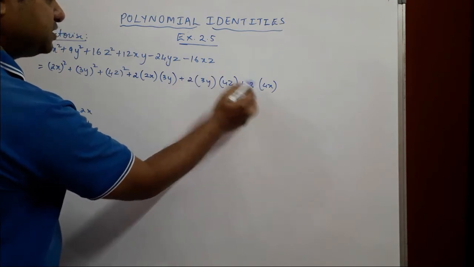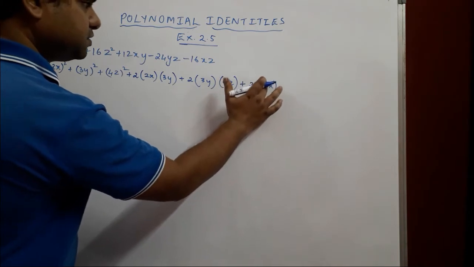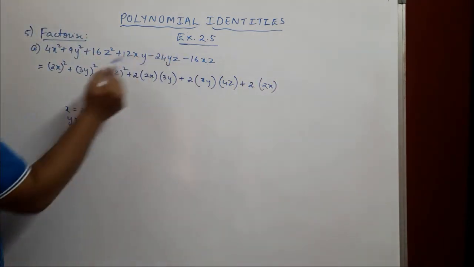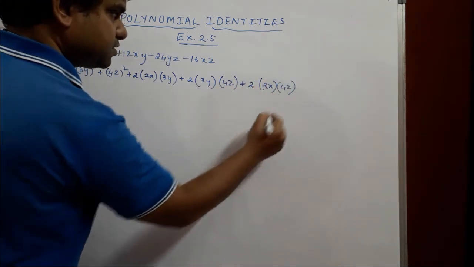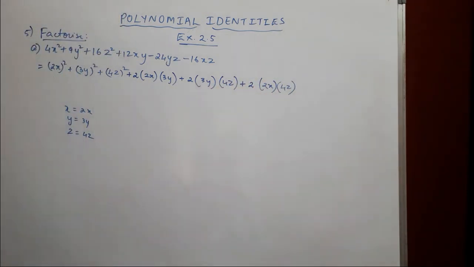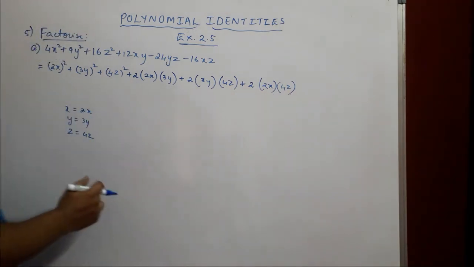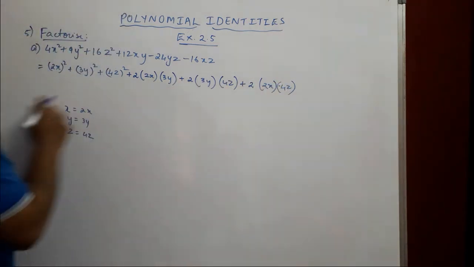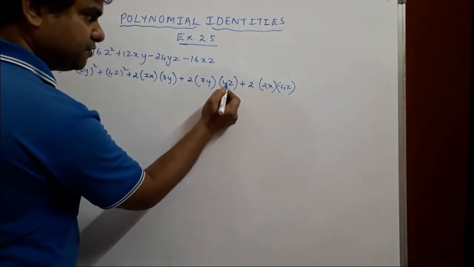So x is, sorry, not 4x, it is 2x, and z is 4z. Okay, now something is negative over here. What if the z is negative over here? Okay, let's take z is negative. Fine, it fulfills our problem. Okay, that means the z should be negative over here also.